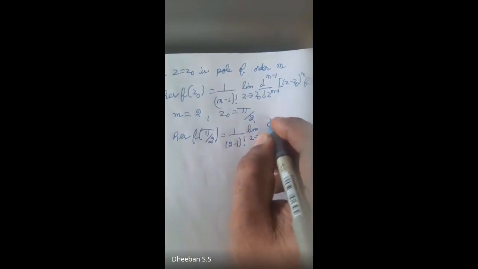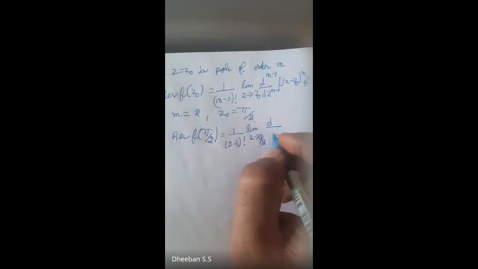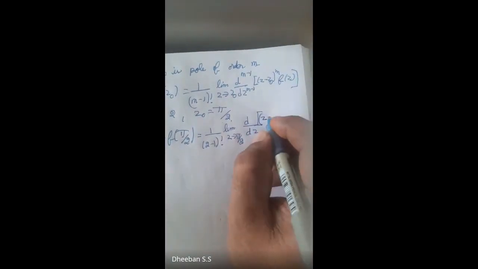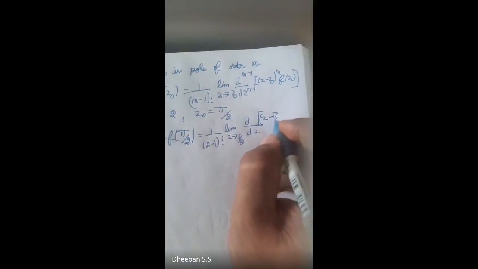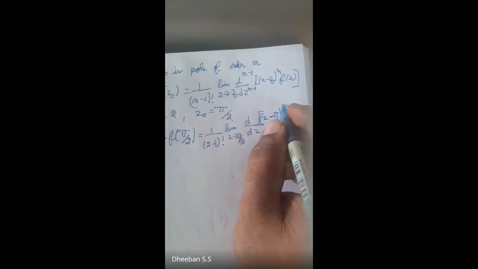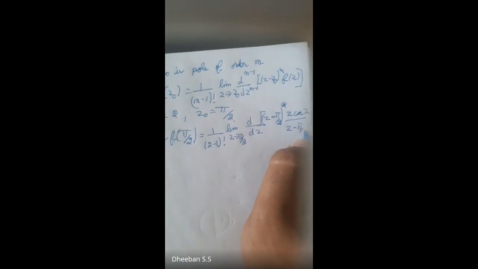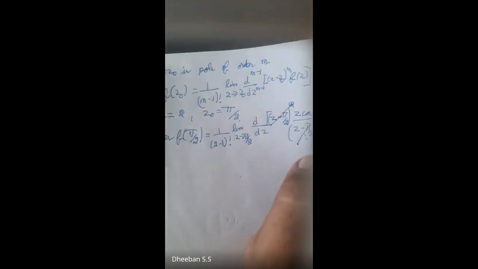So 2 minus 1 we can put as 1, d by dz into (z minus pi by 2) whole square, and now we put the function z cos z by (z minus pi by 2) the whole square. In general, these two will always be cancelled out.